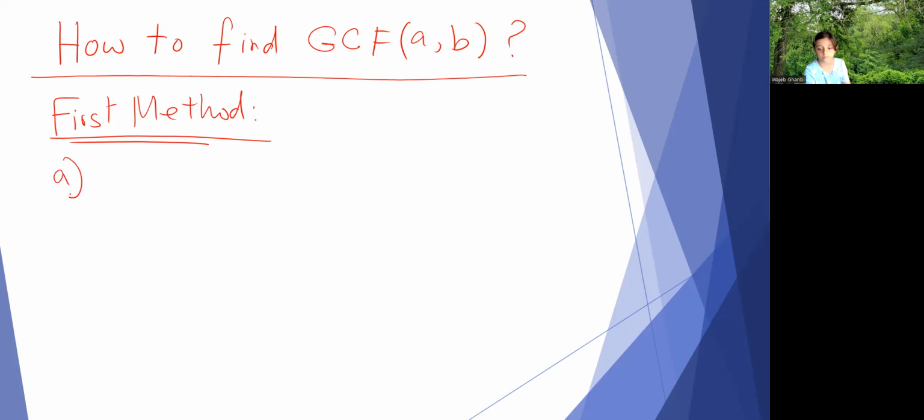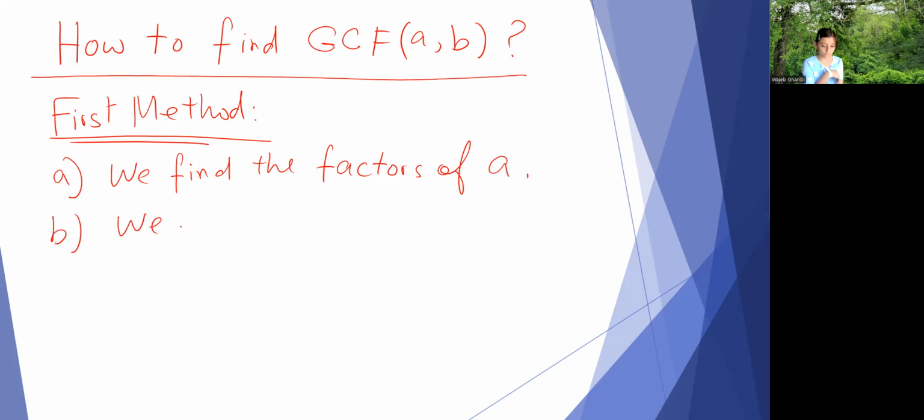The first method has the following steps. Number one, we find the factors of the first number, which is A. The second step, we find the factors of B, which is the second number.